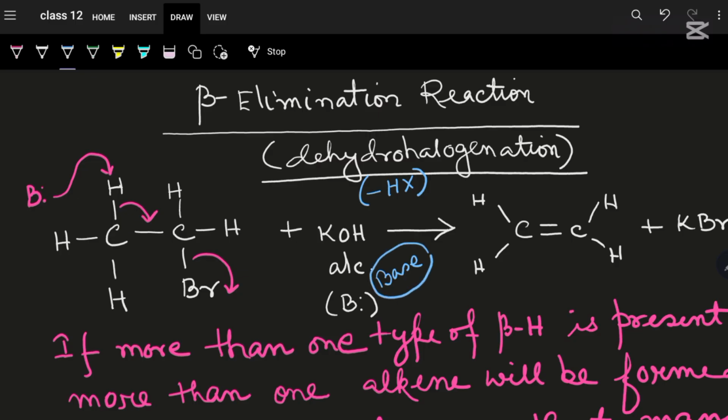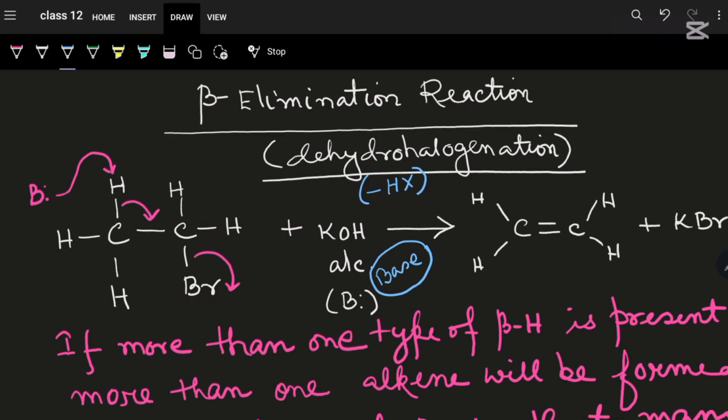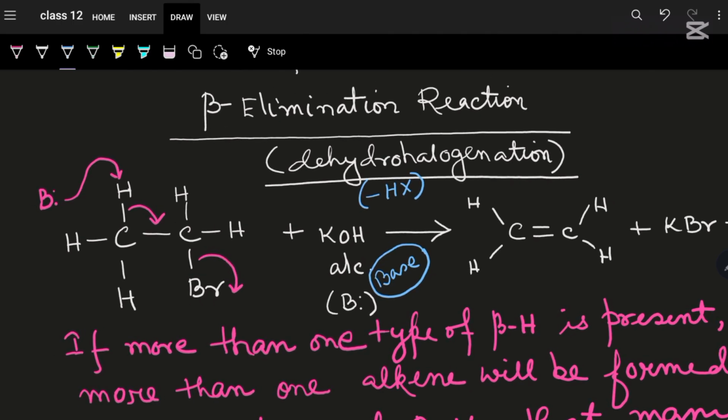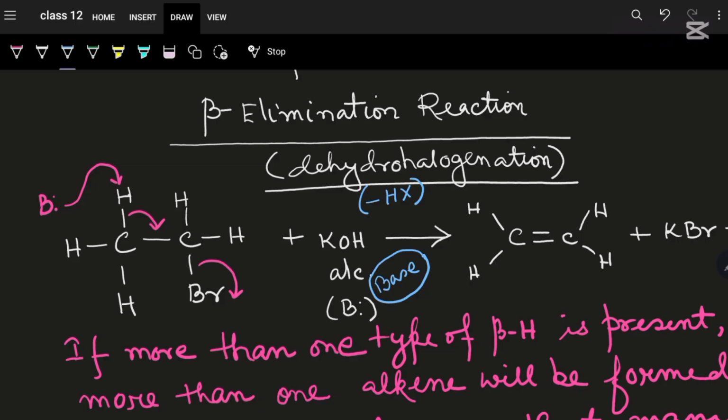Please mark that if I take aqueous KOH, then substitution was the major reaction, and you were getting alcohol because you were getting OH minus ion readily on account of the polar nature of the medium. But if I take alcoholic KOH, it acts as a base, and you know all bases are nucleophiles and vice versa. That means if there is substitution, there will be elimination. If there is elimination, there will be substitution.